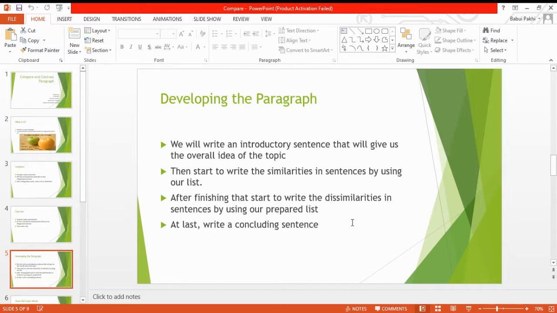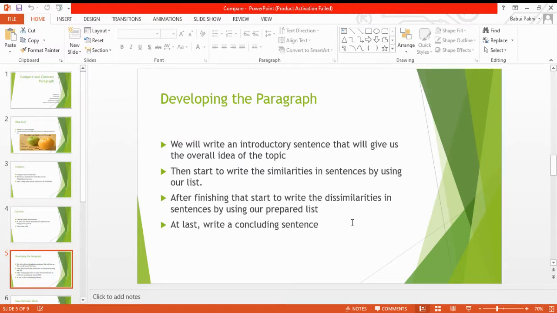Then start to write the similarities in sentences by using the list. We have already made a list of similarities. Then just write down those similarities in complete sentences by using our list.